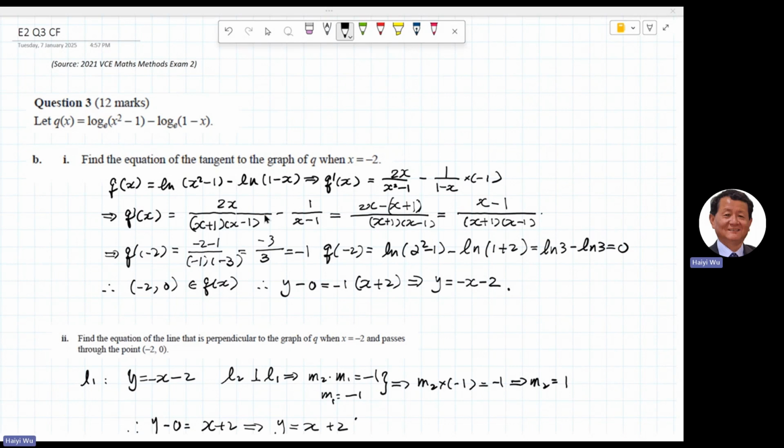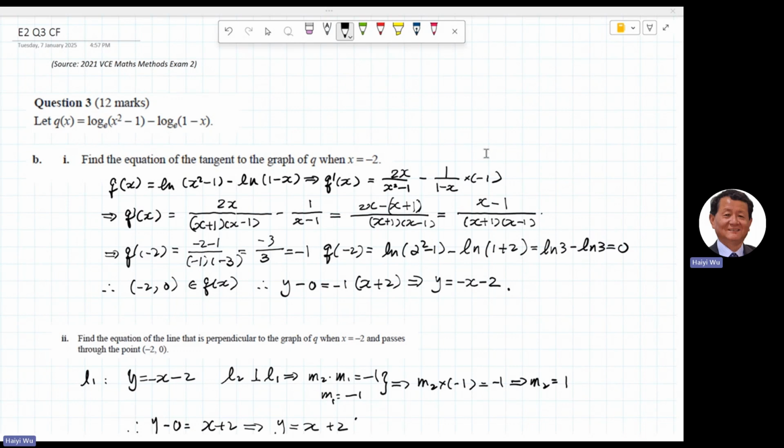I already solved it before I recorded this video, so if you look at my solution, this is using a graphics calculator to do a lot of the calculation. This is from the 2021 VCE Maths Exam Paper 2.